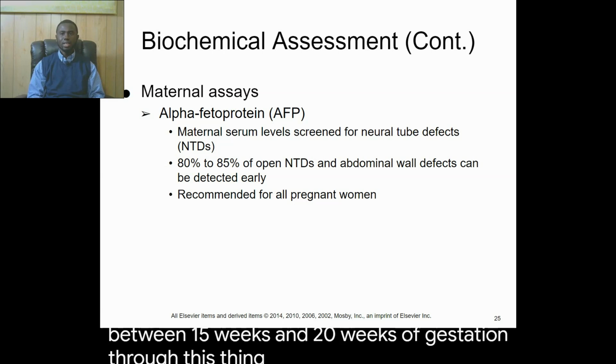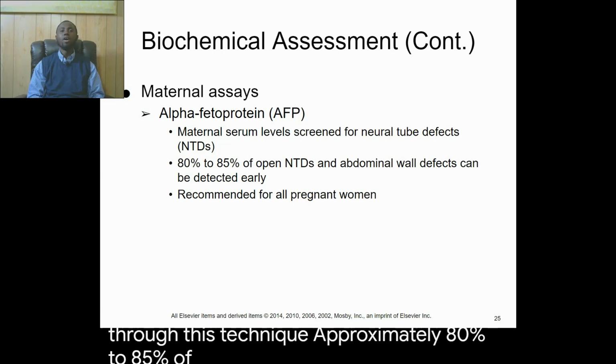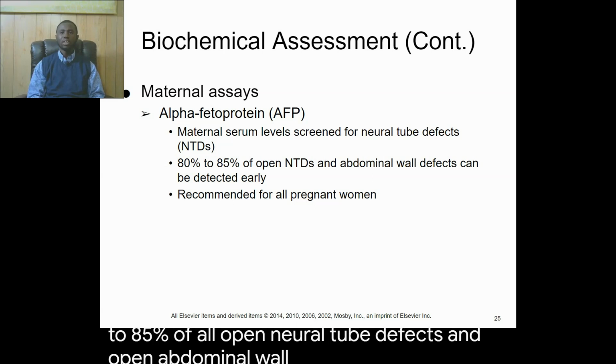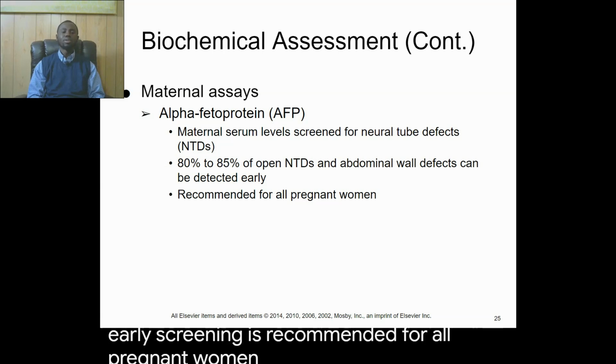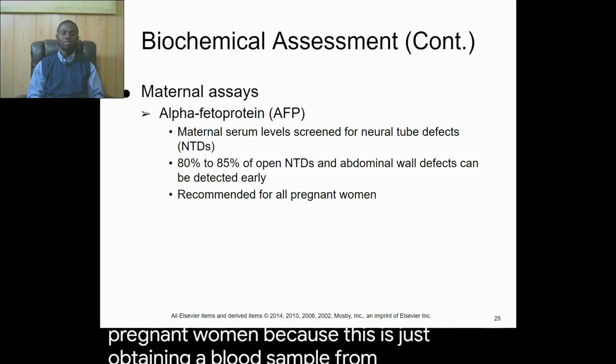Through this technique, approximately 80% to 85% of all open neural tube defects and open abdominal wall defects can be detected early. Screening is recommended for all pregnant women because this is just obtaining a blood sample from the woman.